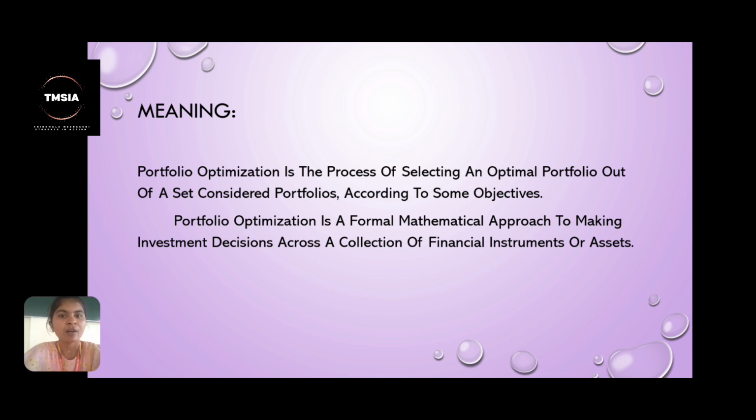First, we know the meaning of portfolio. Portfolio means diversified investment, or spreading our investment capital across a variety of assets like stocks, bonds, gold, real estate, cash and cash equivalents, or any other financial instruments or assets. In other words, portfolio optimization is a formal mathematical approach to making investment decisions across a collection of financial instruments or assets.